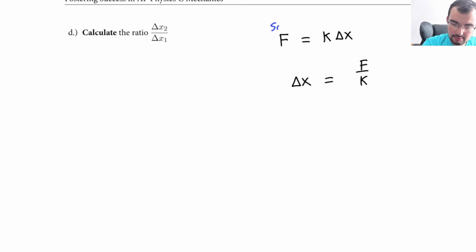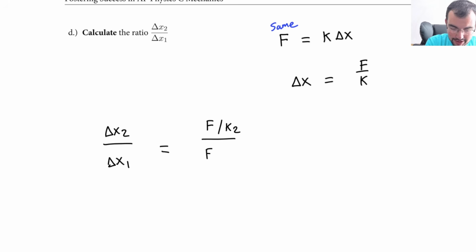Maybe that's worth writing. That's why I didn't put subscripts on that F. So delta x2 divided by delta x1 is just going to be equal to F over K2 divided by F over K1.